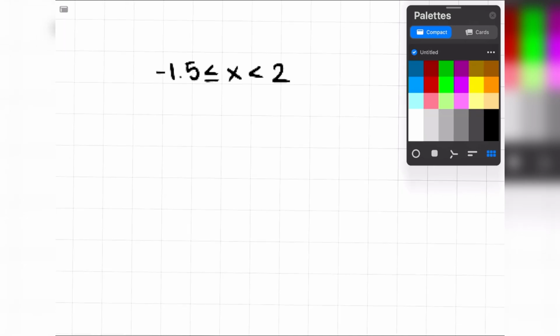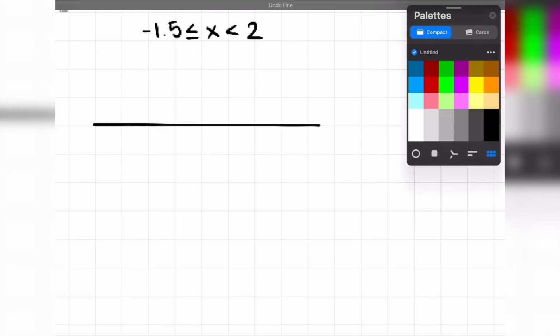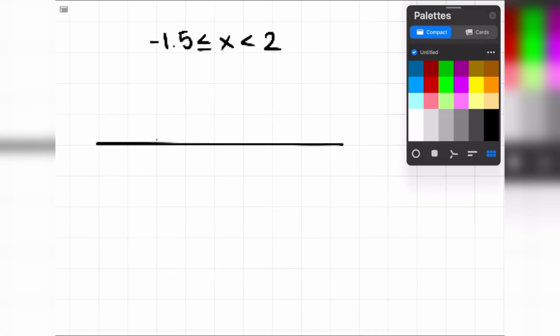Next question is, I see it here, -1.5 is less than or equal to x, which is less than 2. So we'll pull out, draw a graph really quickly here, no lines, and then we just draw -1.5 right here, and then 2 is right over here somewhere.